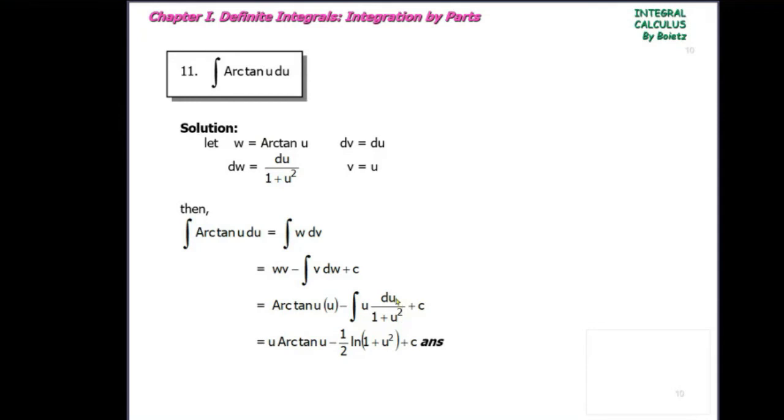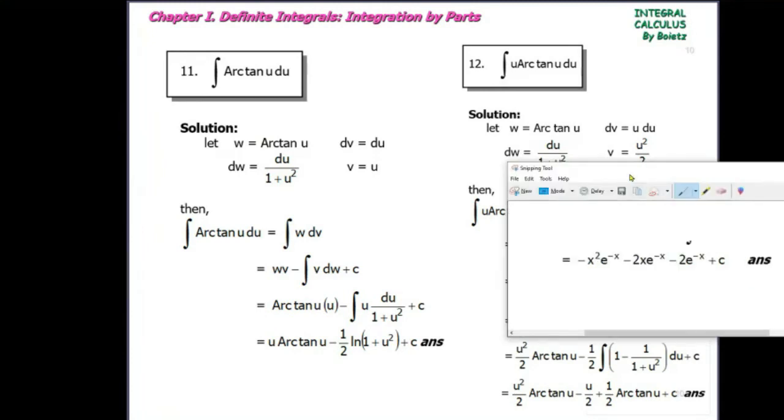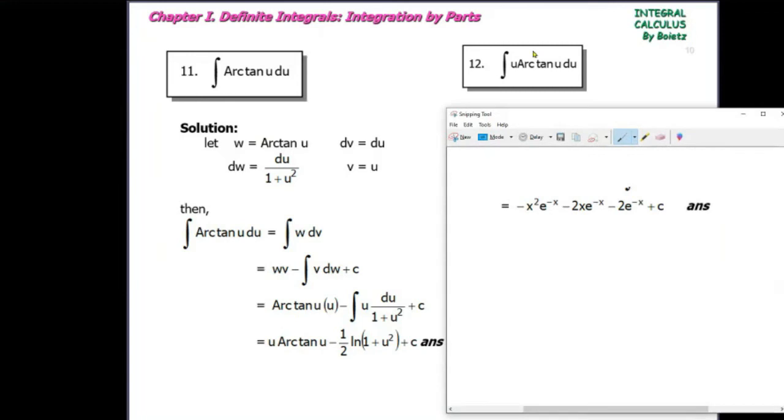May u du ka doon, kaya magkakaroon ng 1/2. Then logarithm lang. Okay, logarithm ng quantity 1 plus u squared. Okay? So, yun ang nangyari dito. So, babalik ka dun sa mga integration natin before, yung logarithm to, yung exponential. So, dito naman. Yan. O, nagkaroon naman dito ng u, arctan u du. So, liate.